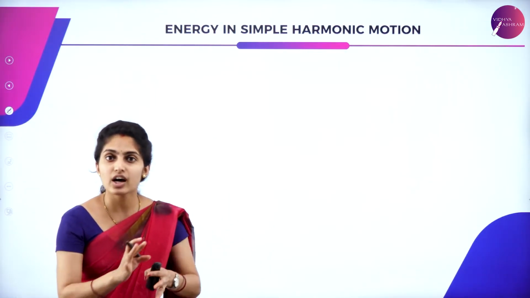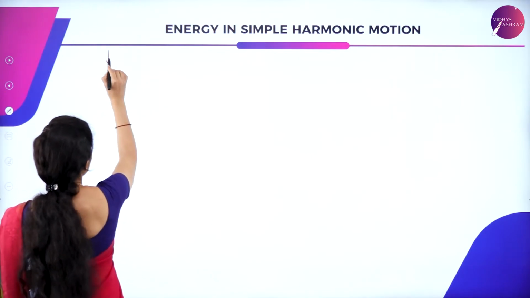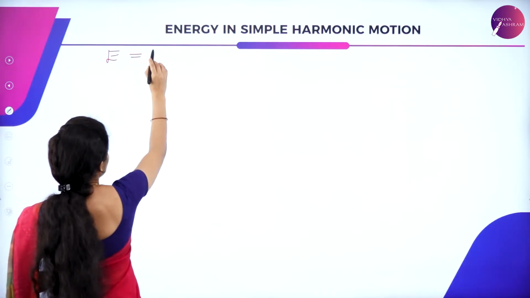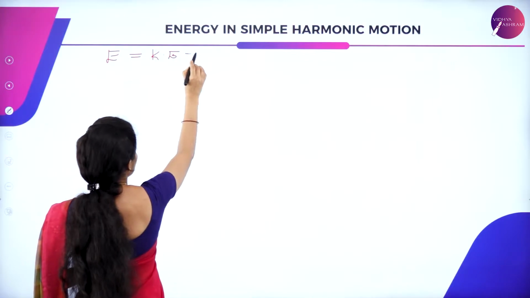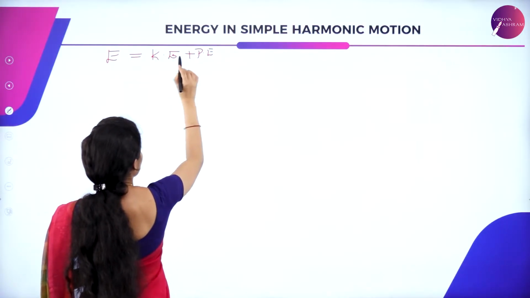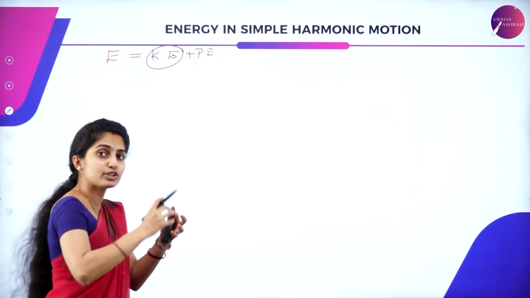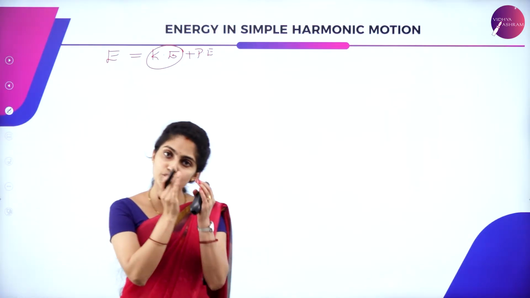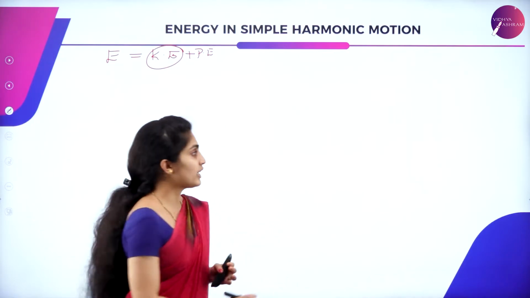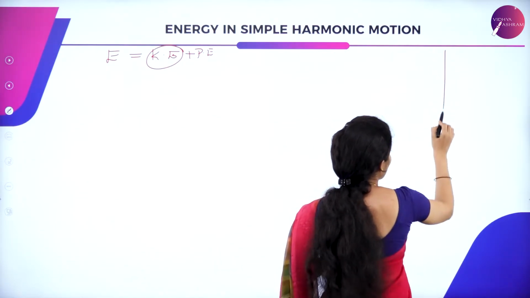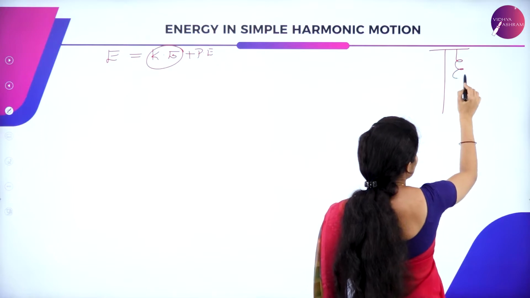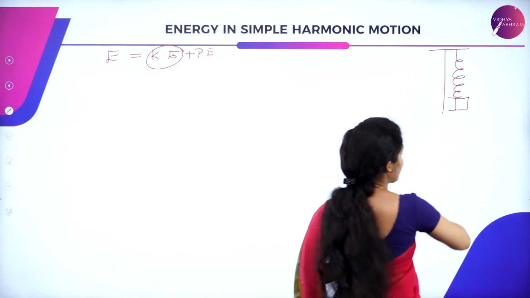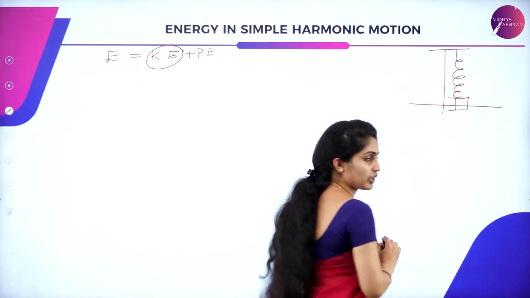Okay, so here we consider the total energy of the particle, which can be calculated as kinetic energy plus potential energy. Kinetic energy is the energy which is moving along the work done, and potential energy is the energy which is stored before the work is done. Suppose you consider a spring over here, a spring which is at the mean position.